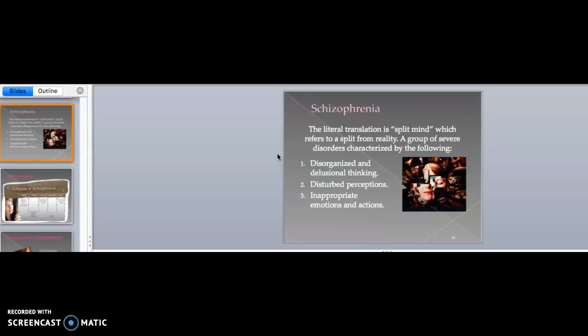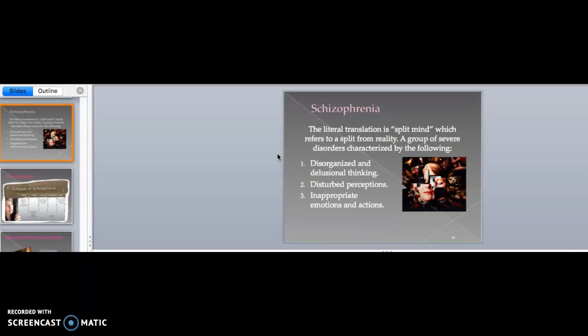Okay, we're going to spend the rest of this time on schizophrenia, and try to get through it in this lecture burst. The literal translation of schizophrenia is split mind, and it really refers to the person's split from reality, not knowing what's real and what's not.